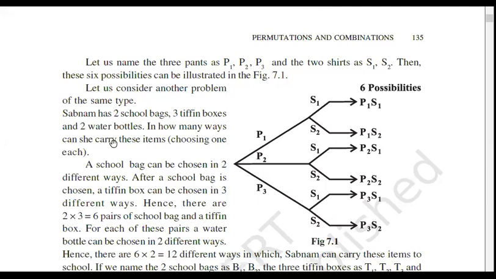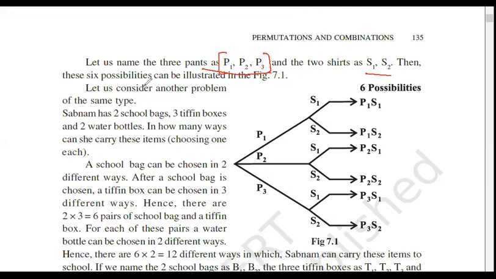For example, suppose we have three pants, P1, P2, P3, and two shirts. How many possibilities do we have? You have to wear a pant and a shirt, obviously.